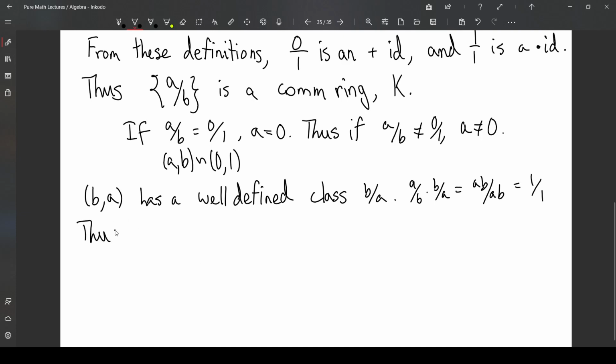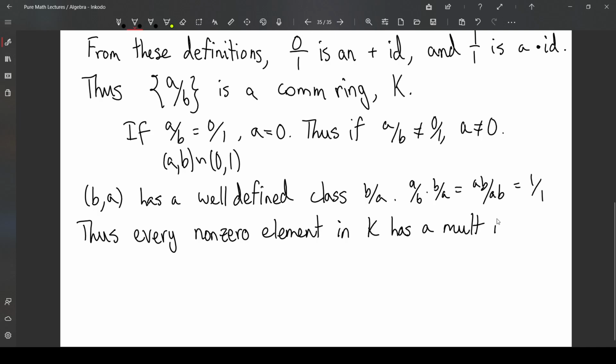Thus, every non-zero element in K has a multiplicative inverse. So K is a field.